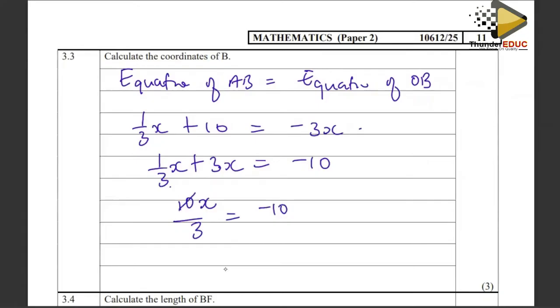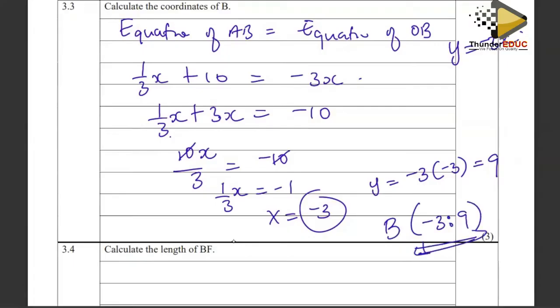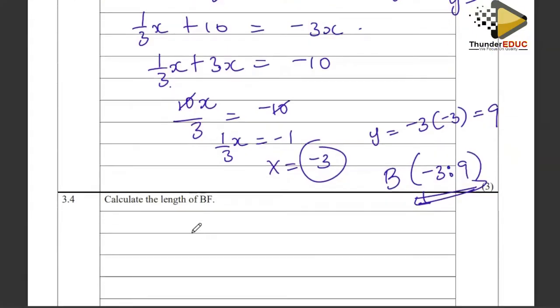Cancel the 10s, so a third of x is negative 1, and then x becomes negative 3. If x is negative 3, let's use the other equation, y equals negative 3x, to find y. Negative 3 times negative 3 becomes 9, meaning that B is (-3; 9). That is how I would have gone about this to get the 3 marks.